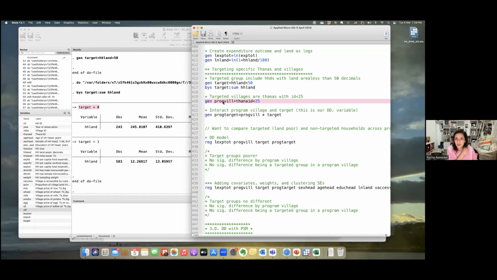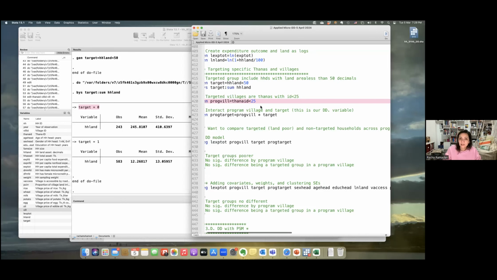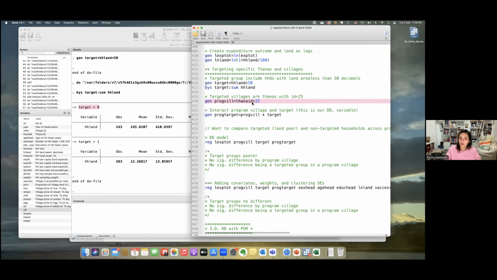these programs. Okay, so instead of having year 1 and year 0, now I have the villages that are less than 25 in the order, so they will be benefiting from the program, and those that are larger than this will not benefit from the program.